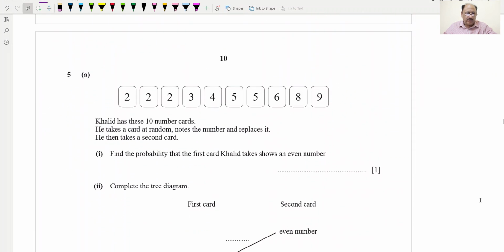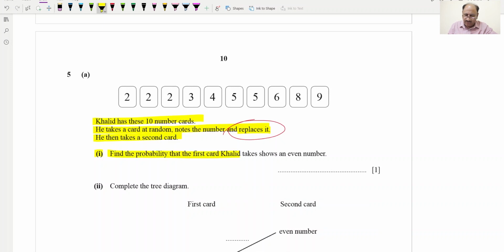Now question number 5. Question number 5 says Khalid has these 10 number cards. He takes a card at random, notes the number and replaces it. So keep it in mind, it is replaced, so the situation remains as it is. He then takes a second card.